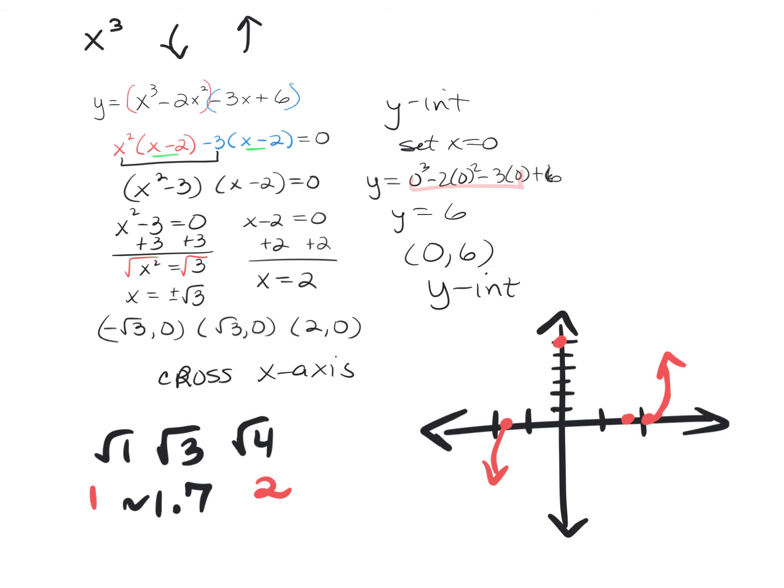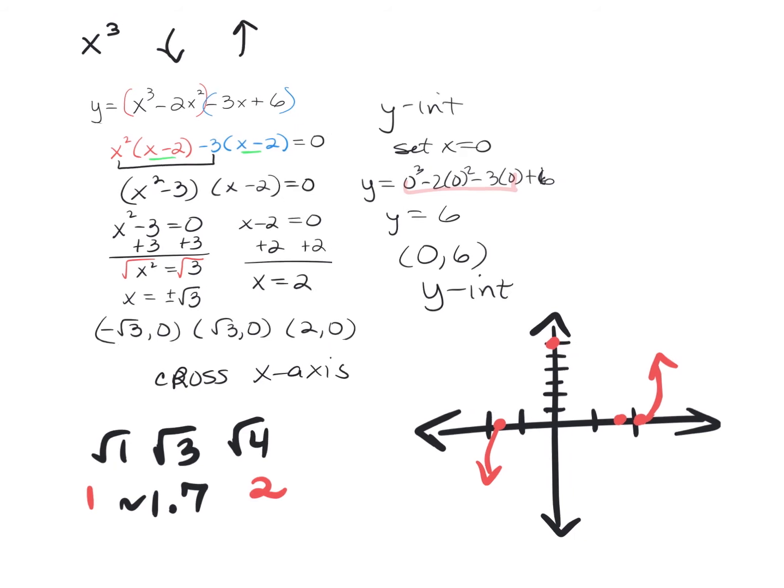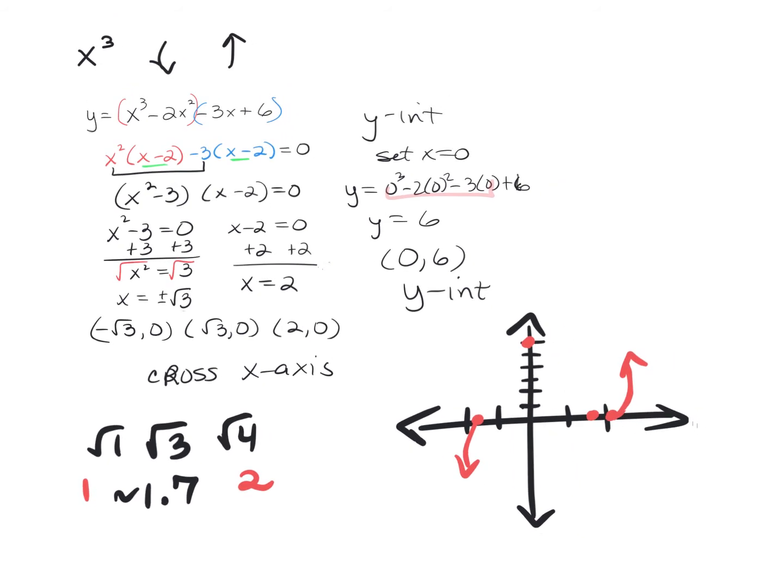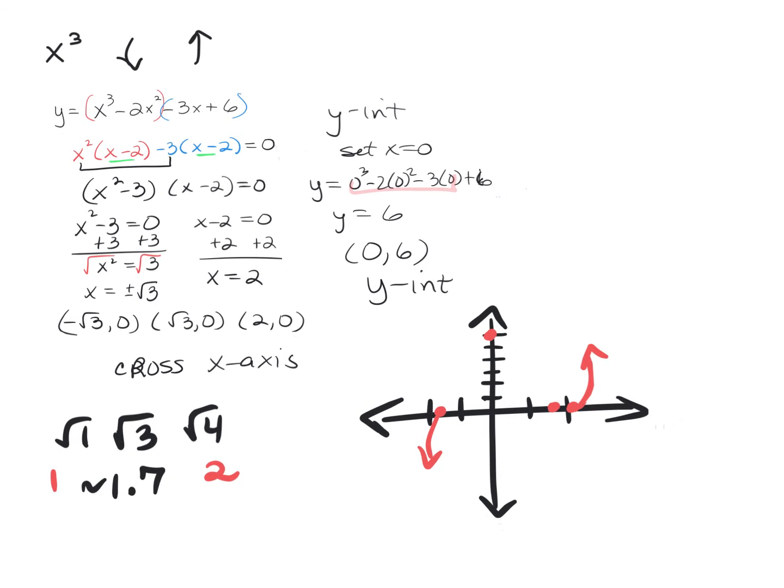So for example, let's say I wanted to get an additional ordered pair, and I wanted to figure out what the ordered pair for x equals 1 is. So I could also do synthetic division to get an additional ordered pair. So what I would do is synthetic, and then x equals 1. I want to know where my point in this section is going to go. So I'm going to plug in a 1 to see how high it's going to go.